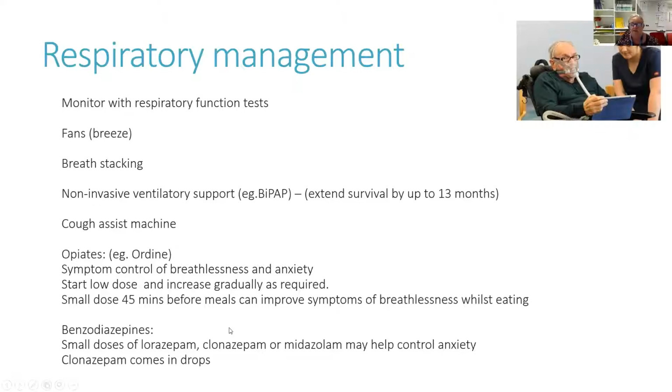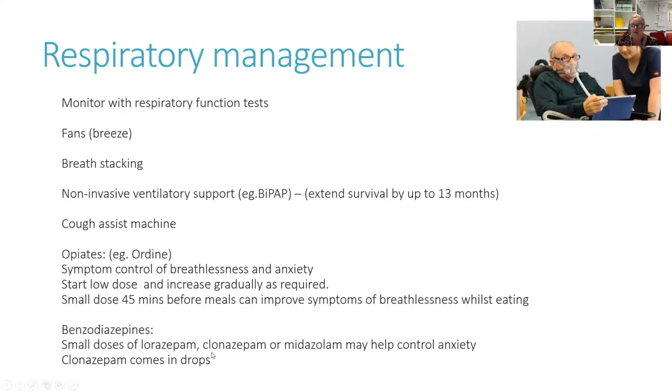Benzodiazepines, so they're things like lorazepam and clonazepam and midazolam, and they're very good at also controlling anxiety. And once again, start with very low doses and increase as required.